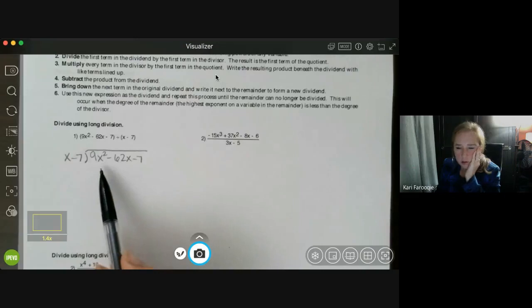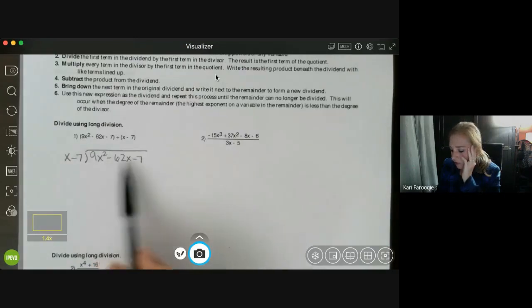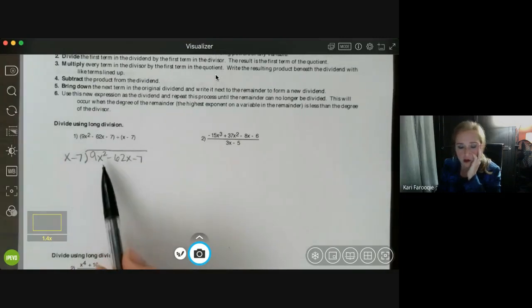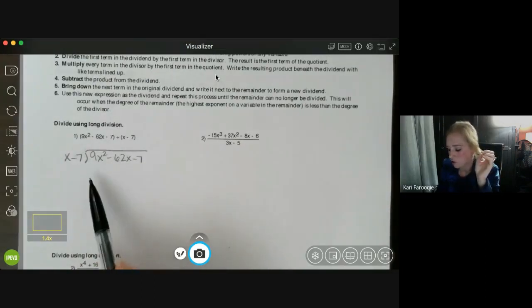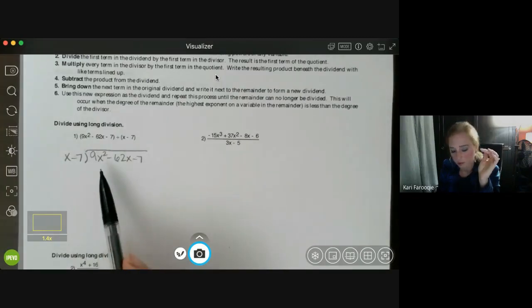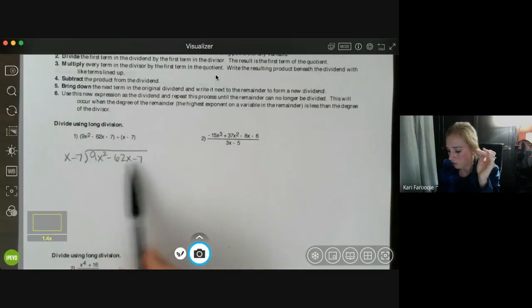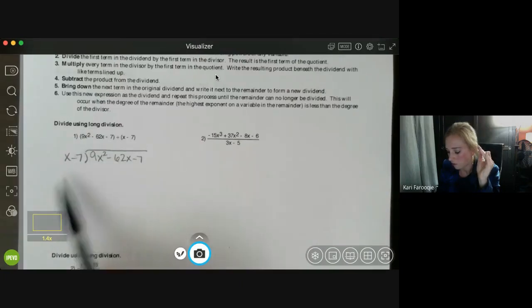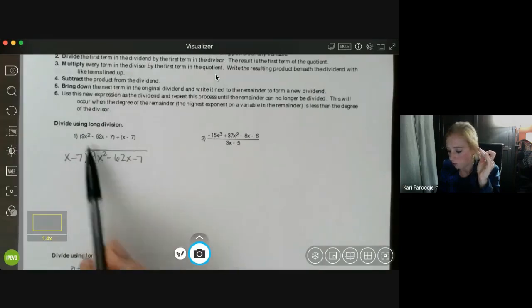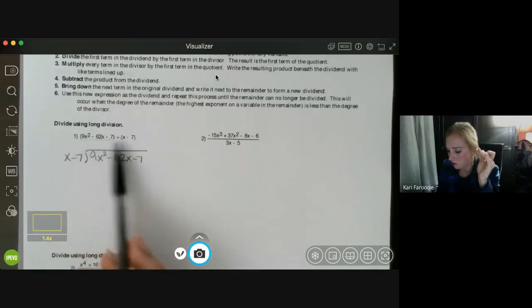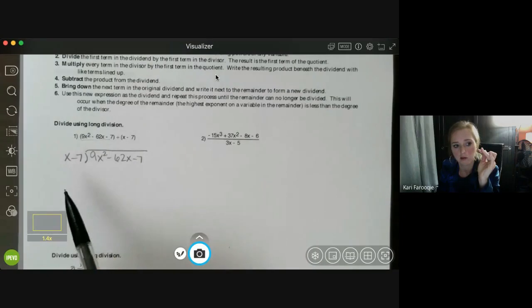If we were missing something, like let's say we had 9x squared minus 7, and this minus 62x wasn't there, we would need to fill it in with a placeholder. So we're going to do that too. But for right now, we just have a very straightforward long division problem. Every factor of x is accounted for. We have a constant. And then we have in our divisor x minus 7. So this is your dividend, and you're dividing it by x minus 7.